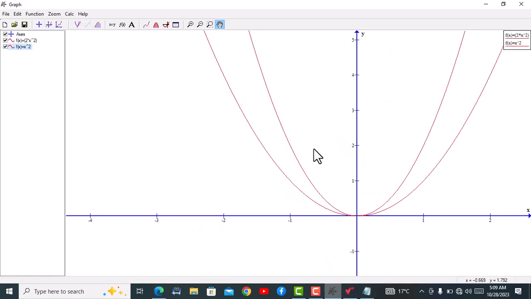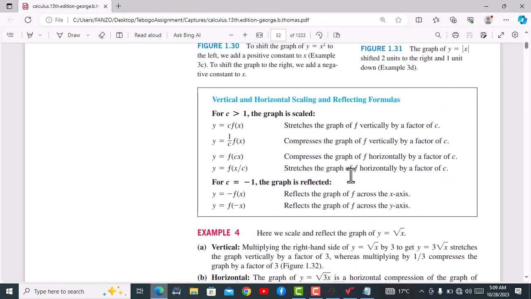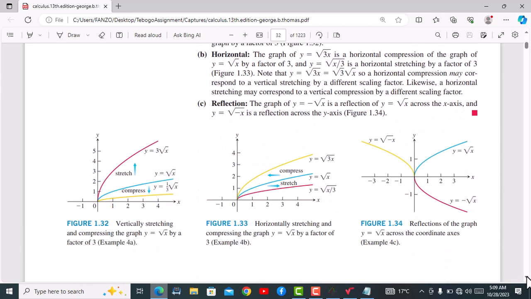It compresses the graph of a function f horizontally by that. So is it compressed horizontally? Yes, it was compressed horizontally from this to that. You can divide by this and check what is happening, but we are not going to do that.